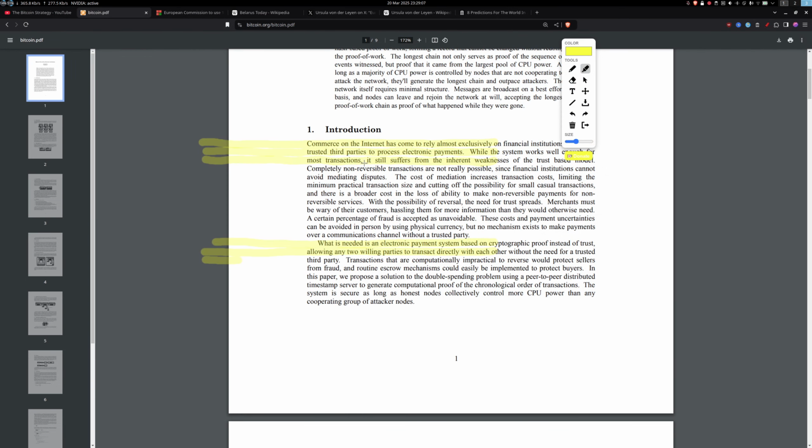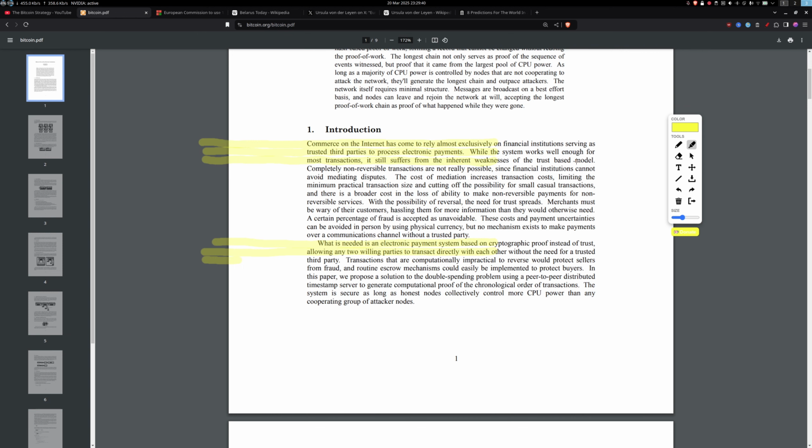As we can see here, I don't know what happened to the highlighting, but as you can see here, commerce on the internet has come to rely almost exclusively on financial institutions. So think Visa, your bank, maybe Chase, Bank of America, whatever you use. So the internet has come to rely almost exclusively on those institutions as trusted third parties to process electronic payments. While the system works well enough for most transactions, it suffers the inherent weakness of the trust-based model.